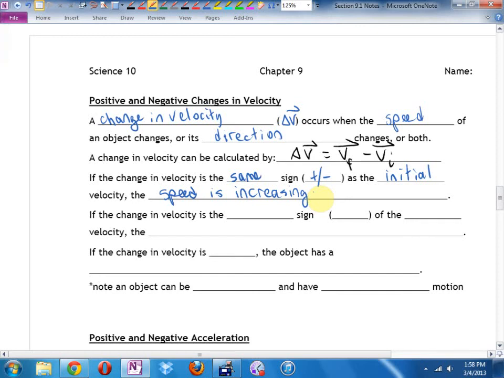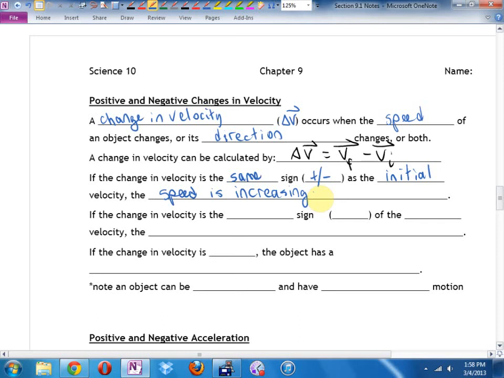The magnitude of the speed is getting bigger. We say you're speeding up. Now, you won't have to worry about this too often except for in really weird examples. It's usually, Amber, pretty obvious whether you're speeding up or slowing down. But if you're not sure, ask yourself, if I go final minus initial and I get a negative answer and my initial velocity was negative, well, my change in velocity is in the same direction as my initial velocity. I'm going to be going faster and faster in the negative direction.